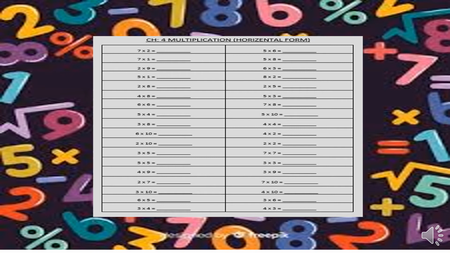You have to solve the multiplication exercise given in your book on page number 54. So you have to do the sums of multiplication given in your book on page number 54.